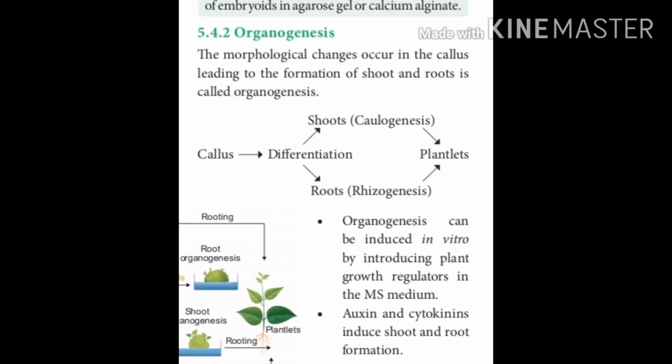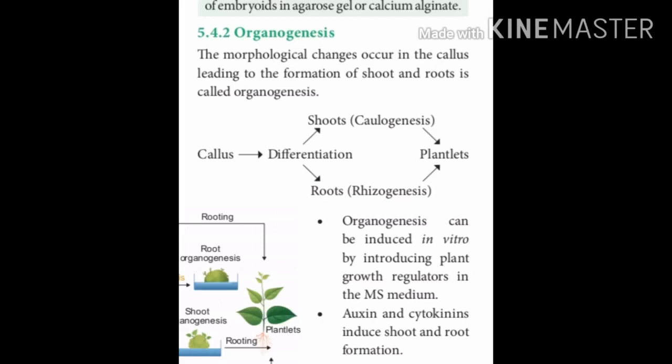Organogenesis is formation of organs that includes both the formation of the shoot and the root, called caulogenesis and rhizogenesis. For doing this, we need growth regulators called auxins and cytokinin. So this is what we have discussed now.